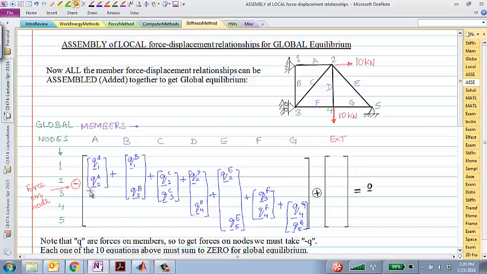Using this, what I've done is summed up all of the forces on all of these nodes from the contribution of all of the elements. We do still have external forces, and after that I'm done. Just give me maybe 30 more seconds. So at node 2, I have this force in the x direction 10. I'll add that.